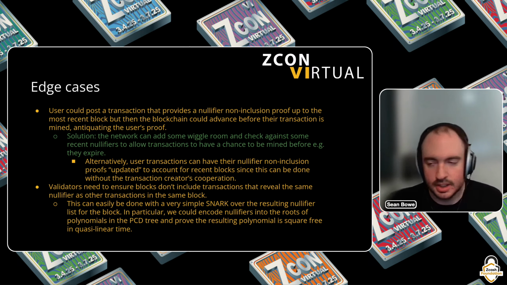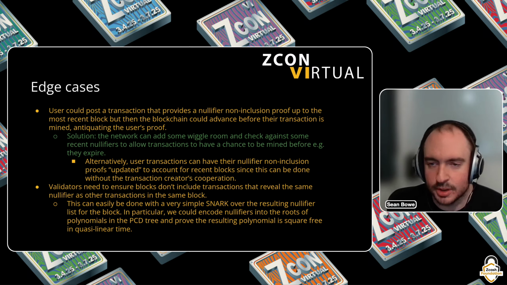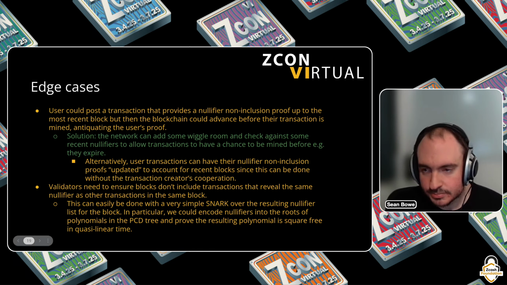I'm sure it's just a crude idea I have, where you just prove that polynomials that encode your nullifiers are square free. Very simple stuff. I'm sure there's something even better than that, but anyway.